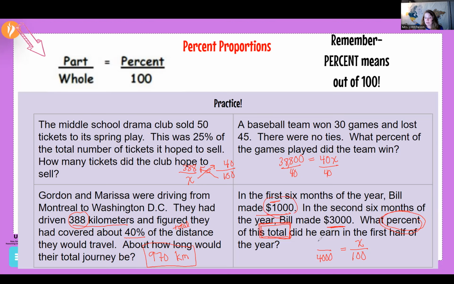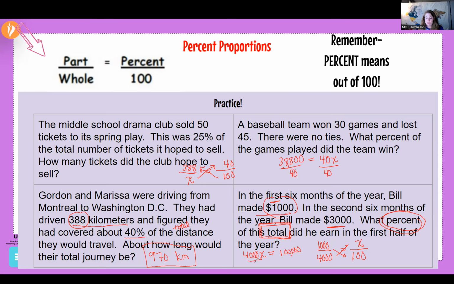And the question is, what percent of the total did he earn the first half of the year? Well, the first half of the year, he made $1,000. So we're going to cross multiply. 4,000 times X is 4,000X. And 1,000 times 100, that would give me 5 zeros, which is 100,000.